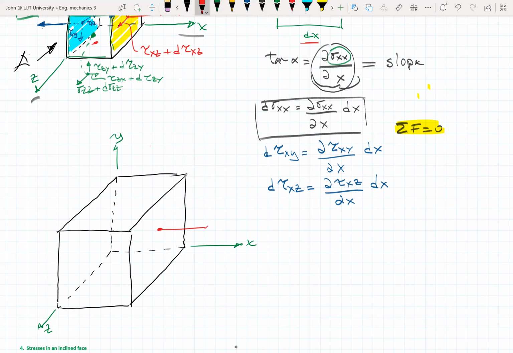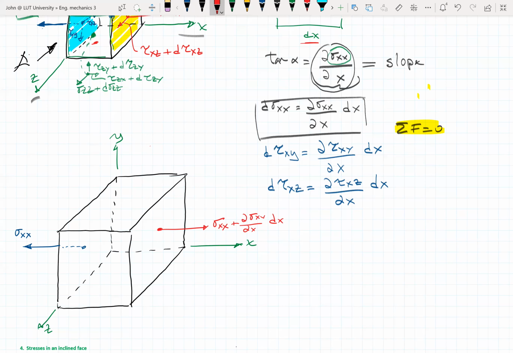I will have normal stress in x direction plus an increment, which is partial of sigma xx divided by partial x times dx. Another one that will appear is the counterpart of this normal stress vector, this one here.